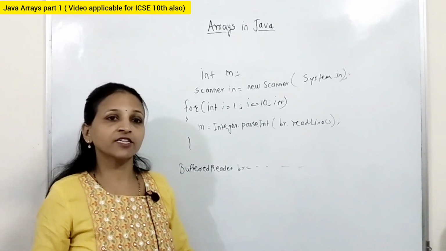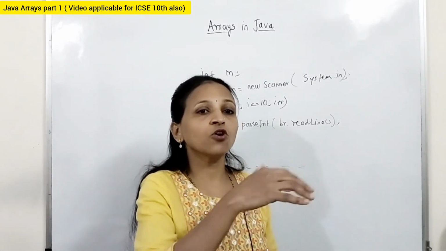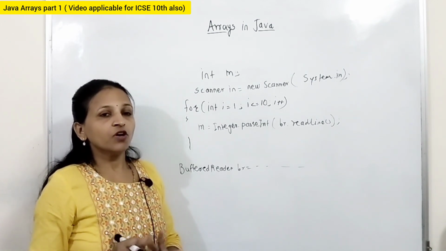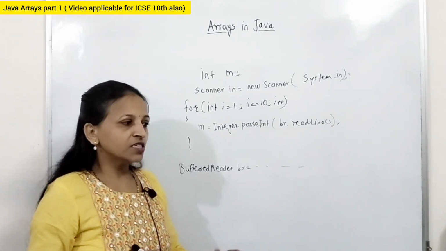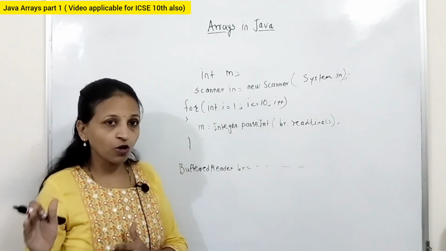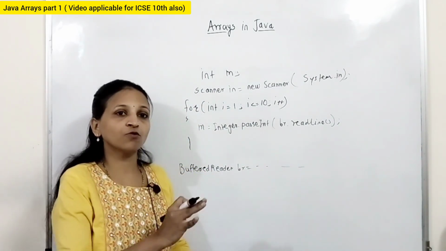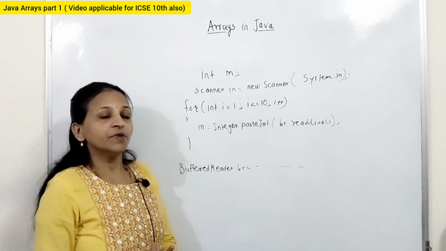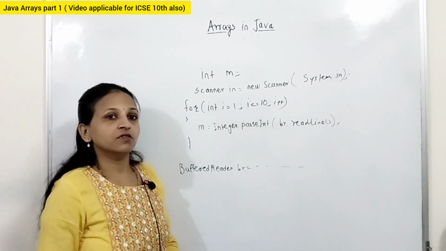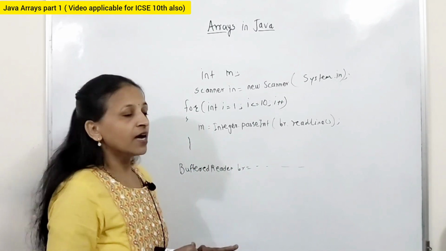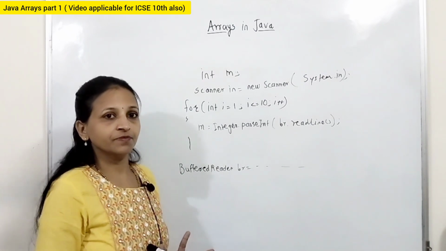Sorting is nothing but arranging data in ascending or descending order. If you want to do that, you have to accept all those numbers from user, store all those numbers separately, and then do the sorting. Here at the end you will get only one number, the one that was entered last.